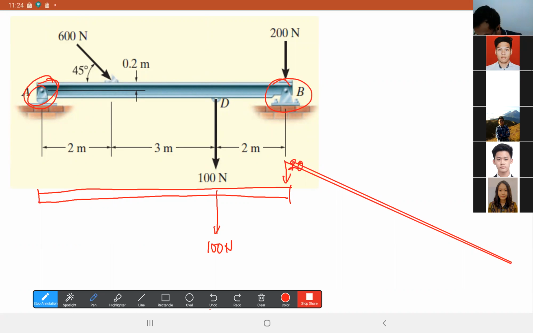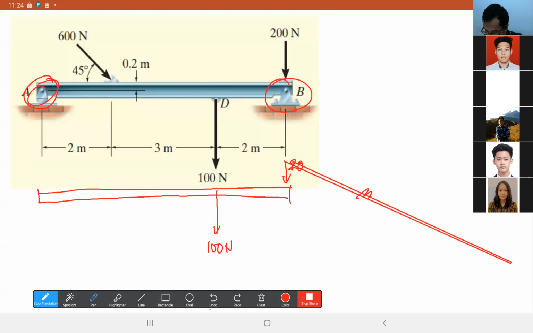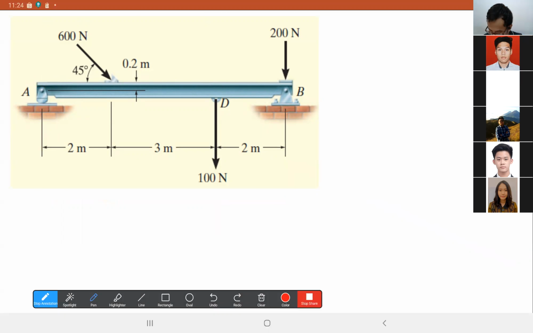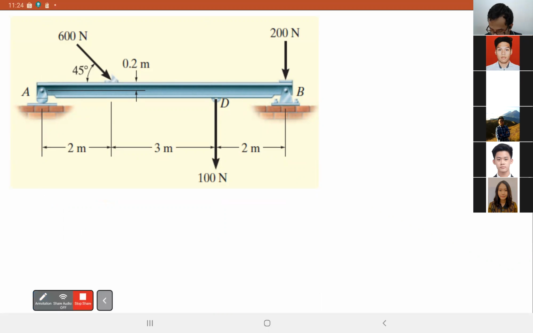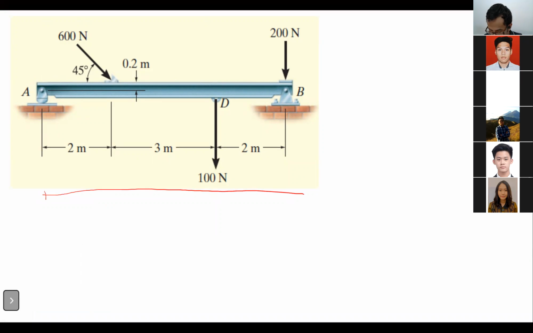There is no option of... anyway, I will just redraw it then. Yeah, I will just draw it using this. Hopefully it's getting better. Okay. Then we have this.